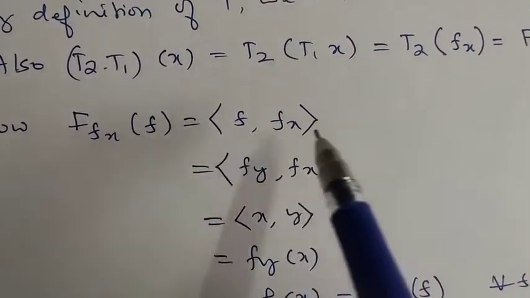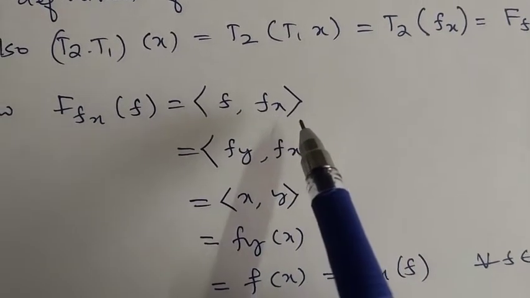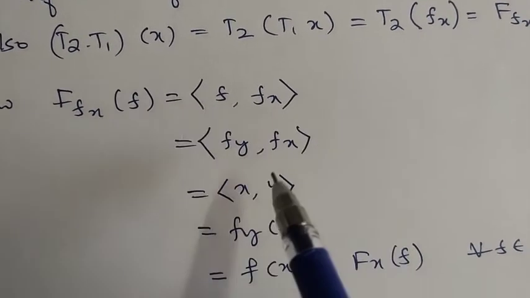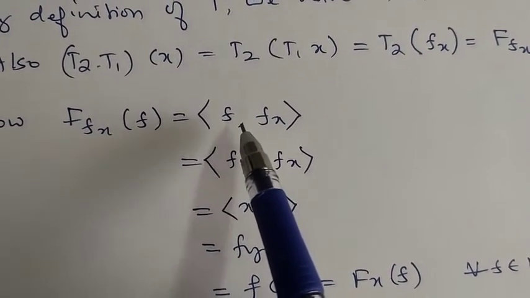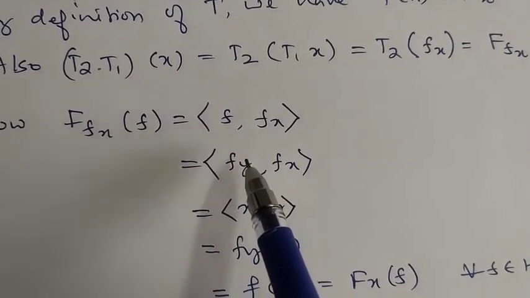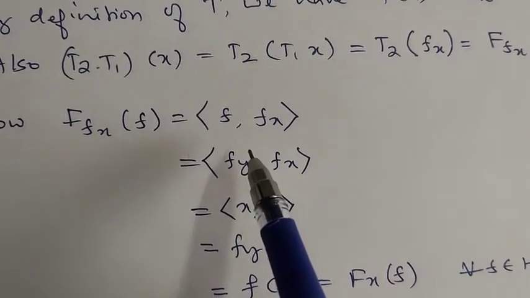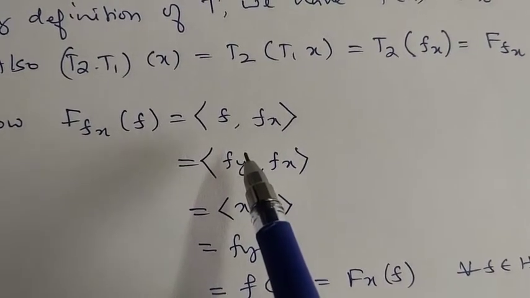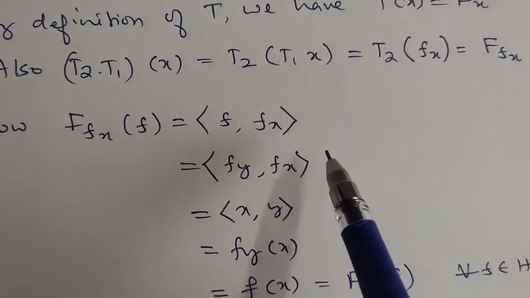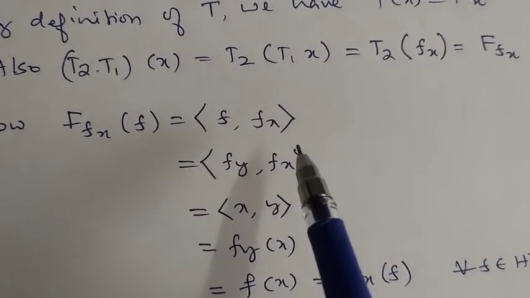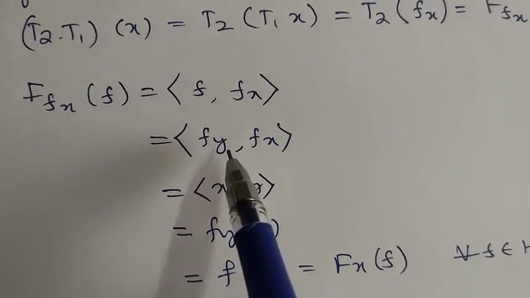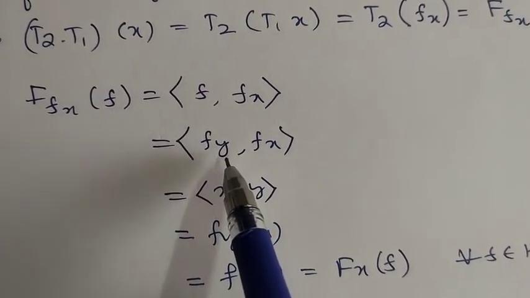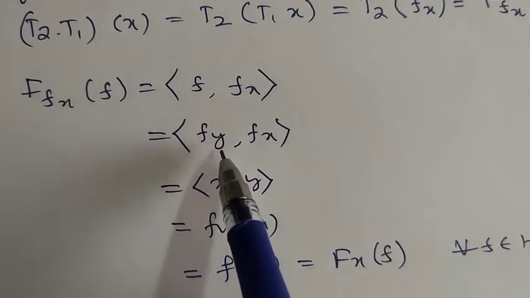Fx of f is by definition the inner product of f comma fx. Since there is a natural correspondence between H and H star, this f certainly corresponds to some element y belongs to H, which I write as fy, where f is the same as fy.